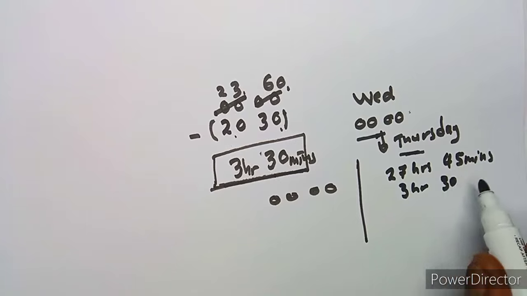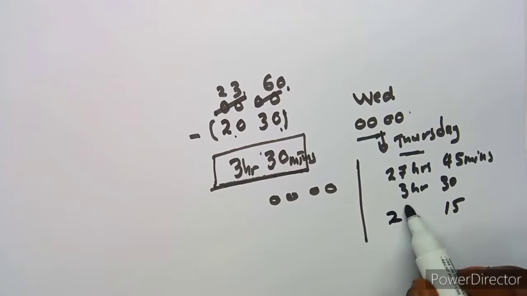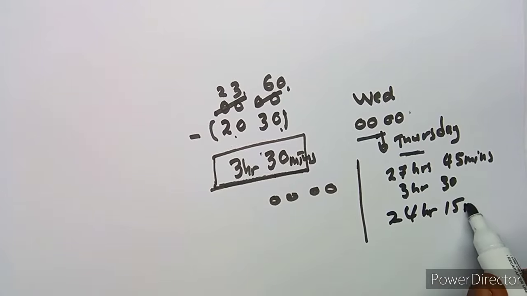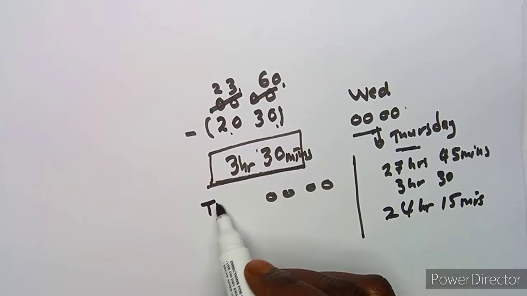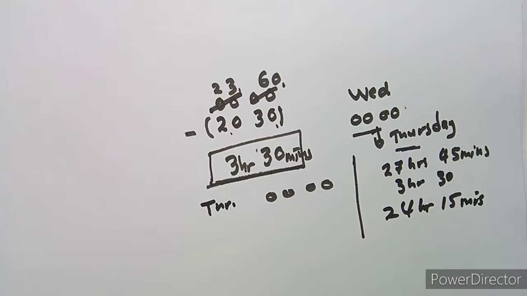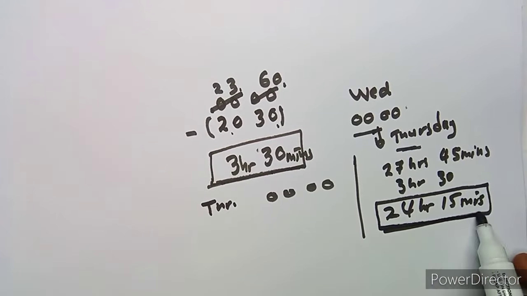This is going to give us 45 minus 30, guys, this is 15, and this is 24. That is going to be 24 hours 15 minutes. So from Thursday the train had to travel again with these remaining hours, 24 hours 15 minutes, which means it's a day again which is complete.